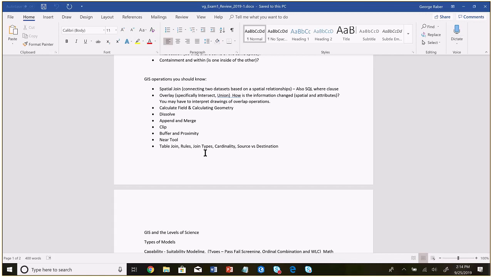And that's usually called the source, or, what's the other word for it? The join table? Yeah, sometimes it's just called the join table. I think there's another word for it. Anyway, the other one, the one that's sending the data to the other table. Okay. And so when you do a spatial join, it's just like a regular join, except you're joining based on a spatial relationship. Okay.